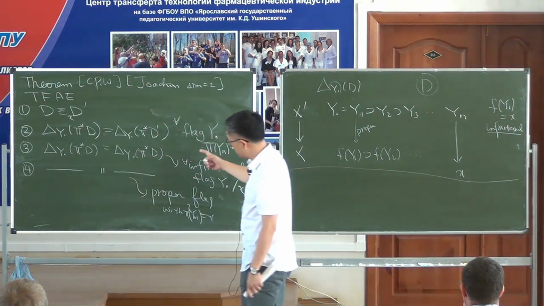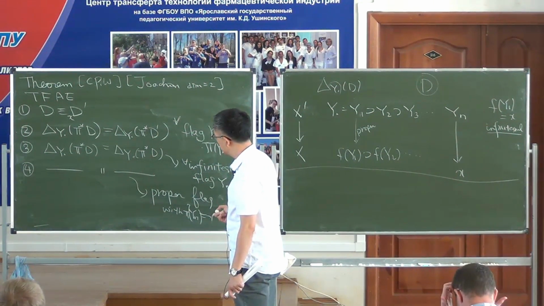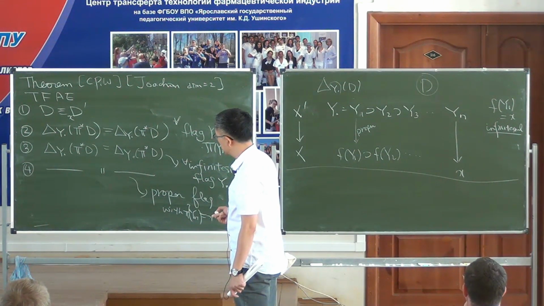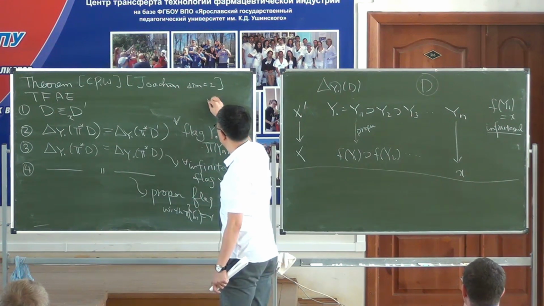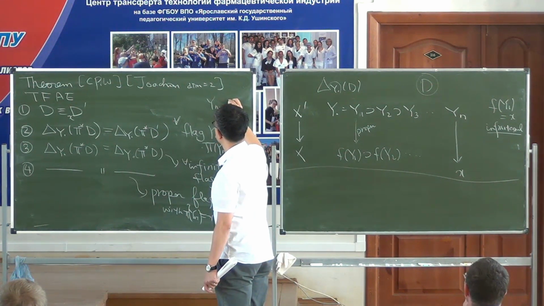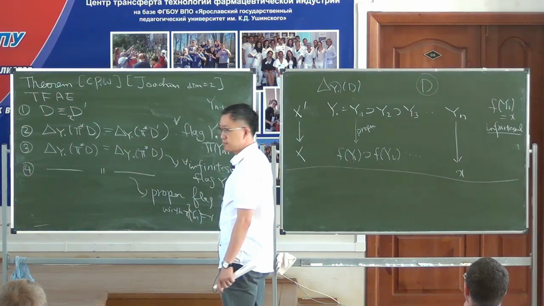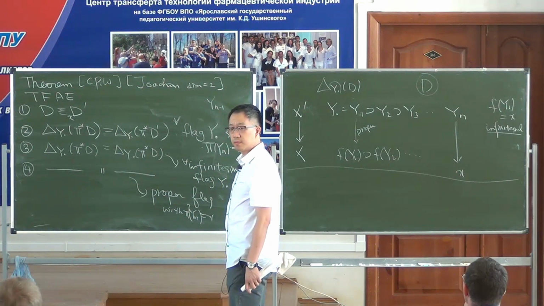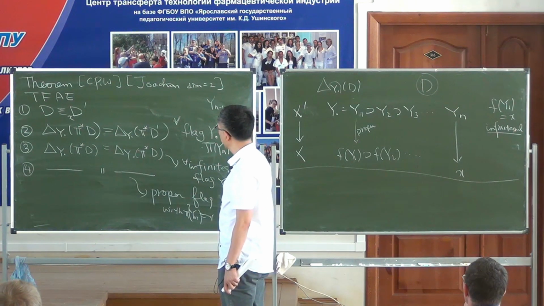It is equivalent to saying that yn minus 1 is not contained in the exceptional divisor. Then it will follow that all the other parts of the flag will be here.